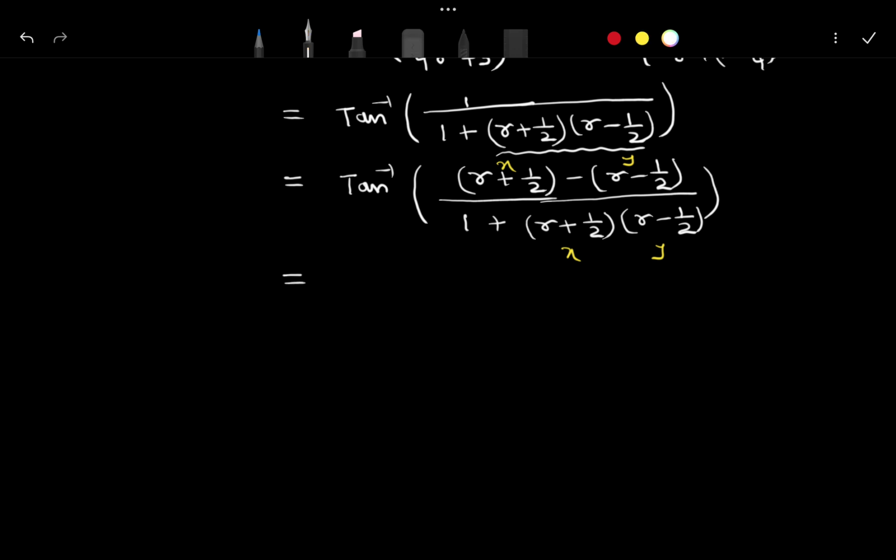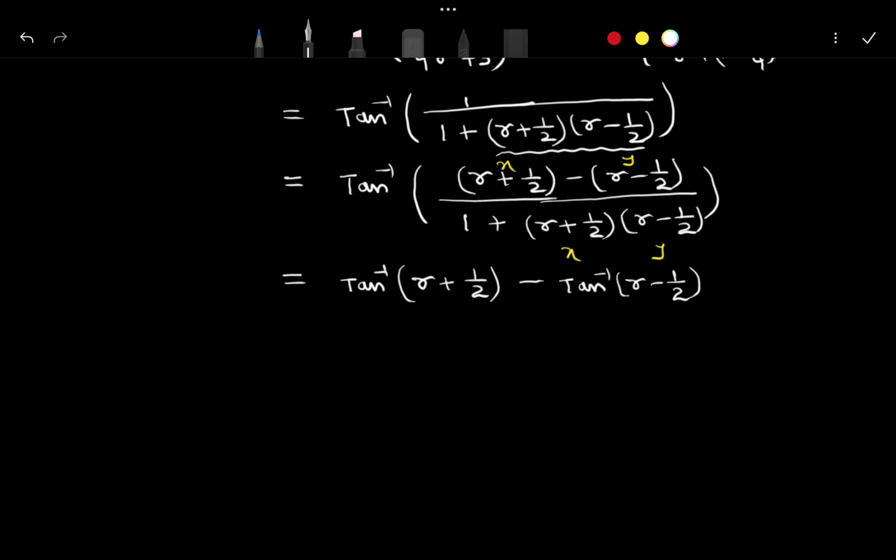So this value will be tan inverse of r plus 1 by 2 minus tan inverse of r minus 1 by 2. This is the simplification of the general term.